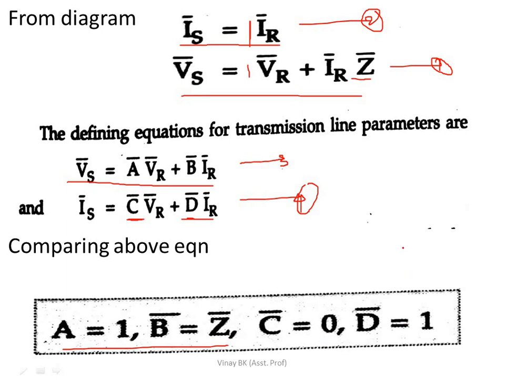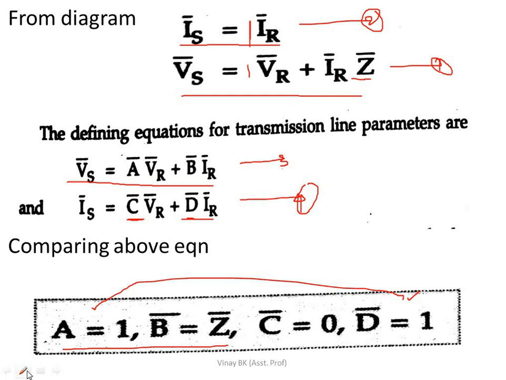Once we have the values of the circuit constants of the short transmission line, the next thing is to remember the symmetrical condition and the reciprocal condition of the ABCD parameters. A circuit is said to be symmetrical when A equals D. Look at the values: A is 1 and D is 1, so the circuit is symmetrical.